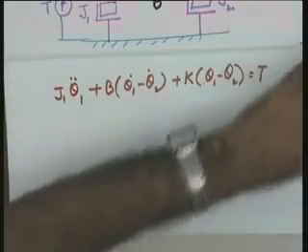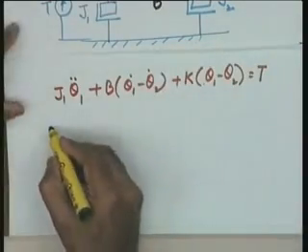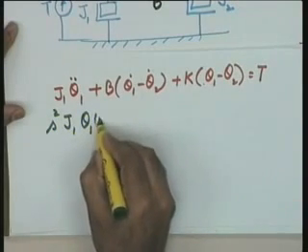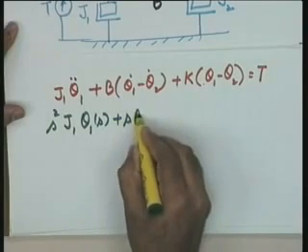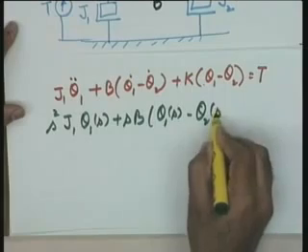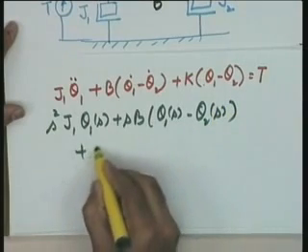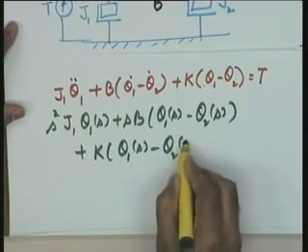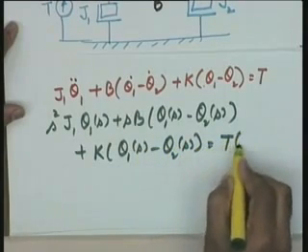In Laplace domain, let me write the equation: s squared J1 theta 1(s) plus s B (theta 1(s) minus theta 2(s)) plus K (theta 1(s) minus theta 2(s)) equal to T(s).